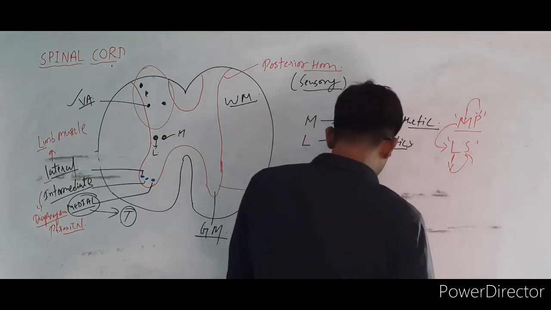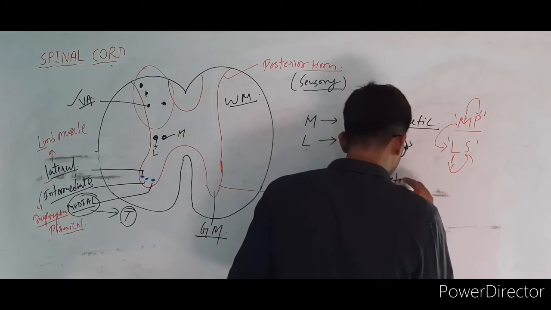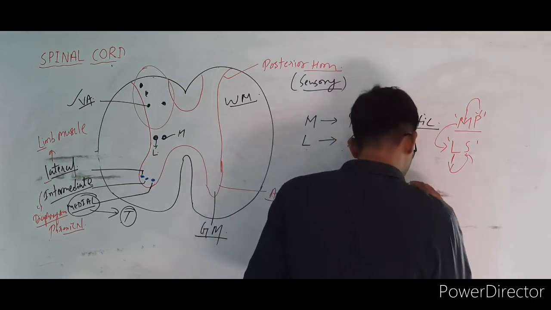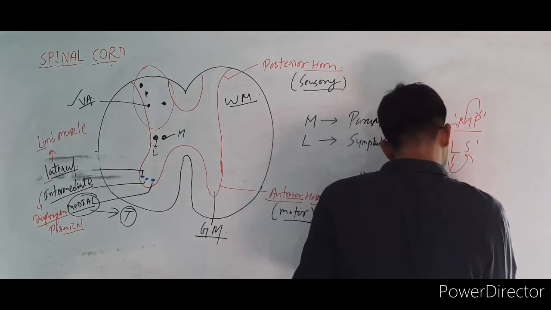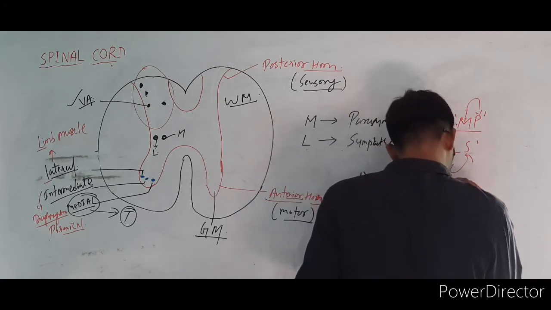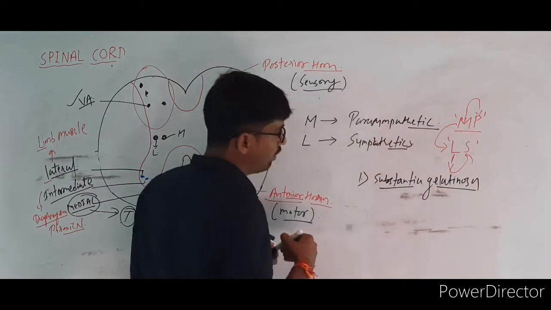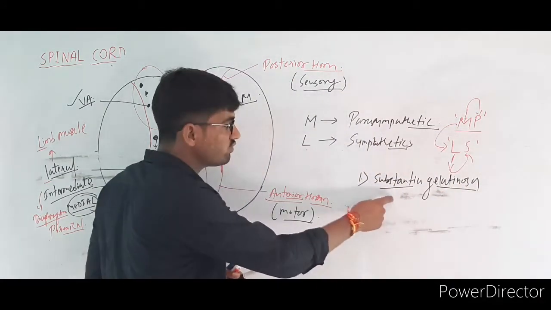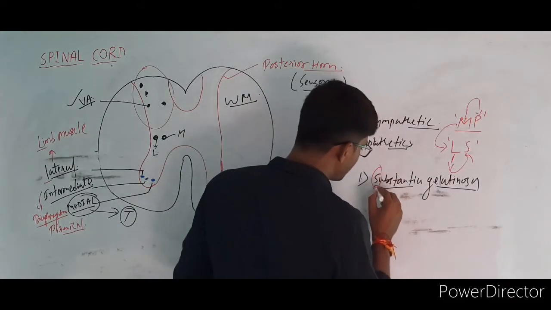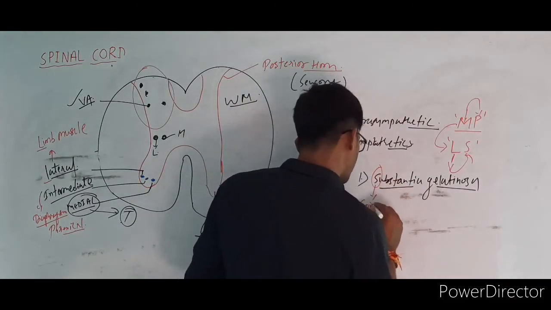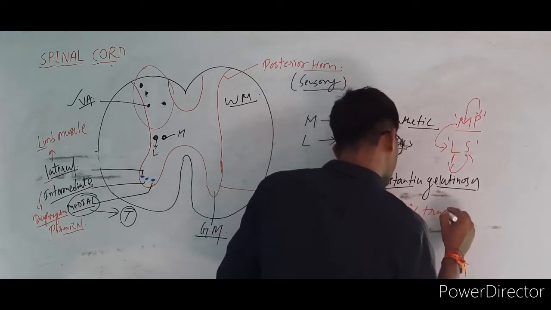One is the substantia gelatinosa. This is for the spinothalamic tract.